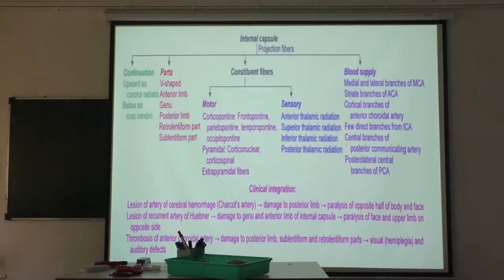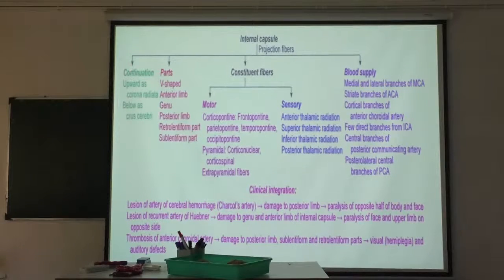So the internal capsule has projection fibers, continuing upward as corona radiata, below as crus cerebri. It is V-shaped. It has anterior limb, genu, posterior limb, retrolentiform part, sublentiform part. Now the constituent fibers: there are motor fibers and sensory fibers.